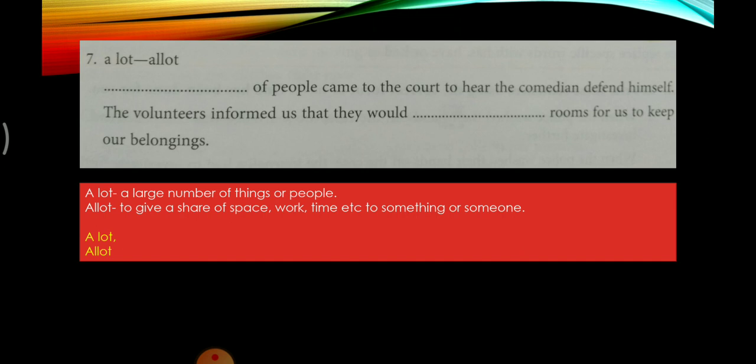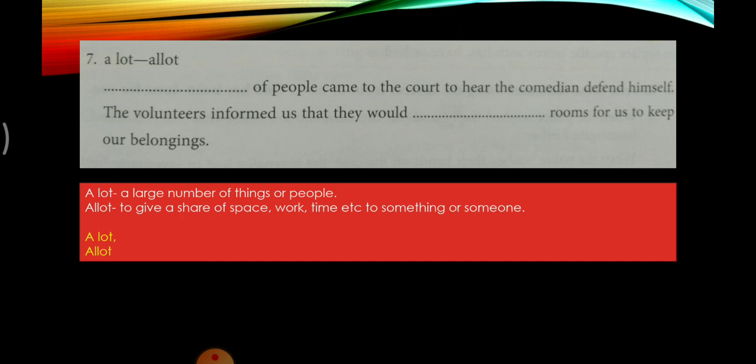Suppose you went for a tour to somewhere where your friend is. So your friend shared his home with you, and he gave you a particular room. So your friend had allotted you that room. Okay? Now coming to the sentences. Dash of people came to the court to hear the comedian defend himself.